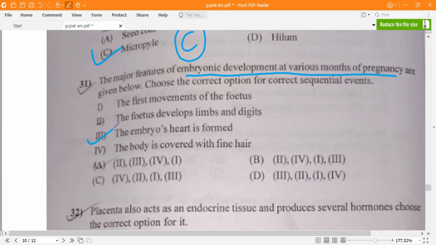The third will come first always, and only this option has third first. Then limbs and digits will be formed. Then organ systems, and then the first movements will occur. And then the body is covered with fine hair. So 3, 2, 1, and 4.